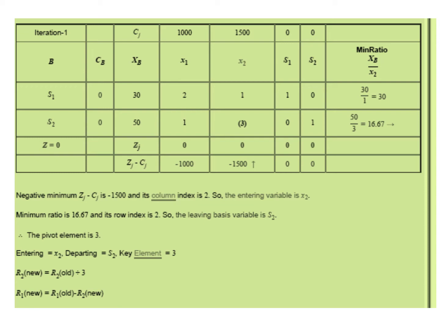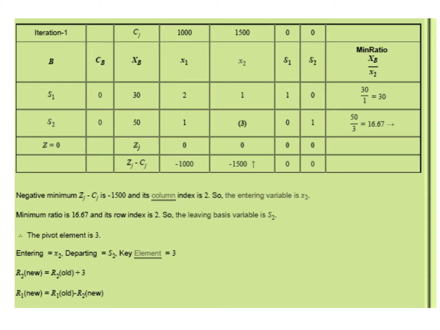How do you compute Z? It is computed by multiplying cell by cell CB into XB. Similarly, Zj is computed by multiplying cell by cell CB into Xj. For example, Z1 corresponding to X1 will be equal to 0 into 2 plus 0 into 1, which is equal to 0.